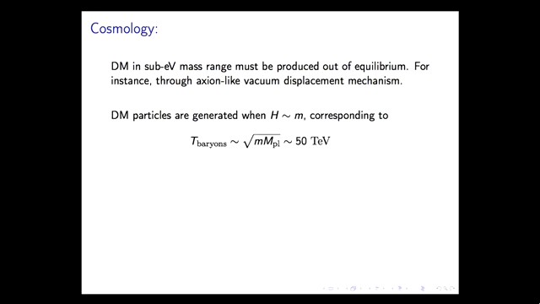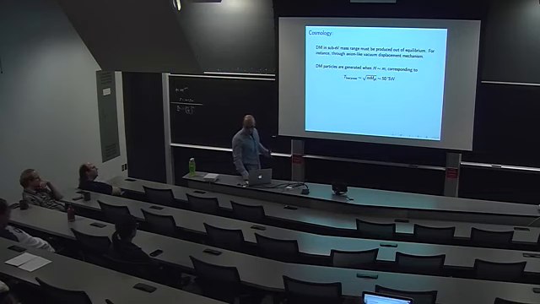The scalar field will start to oscillate once the curvature scale drops to the order of the mass of the particle. That's when the particle stops being frozen and starts to behave like a collection of particles. The temperature at which the dark matter particles become dynamical is of the order of 50 TeV for the 0.6 eV mass.